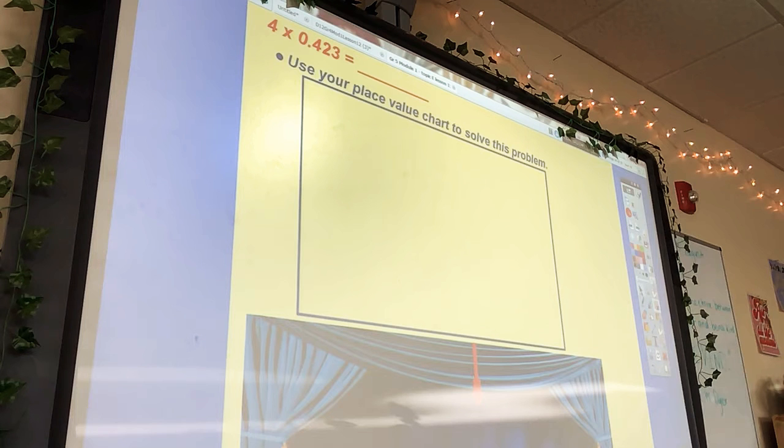So this is 12. You have to bundle again. 12 minus 10 and return it to 2. This will change. We didn't write the equation. This will be 45. So the answer would be 1.692.